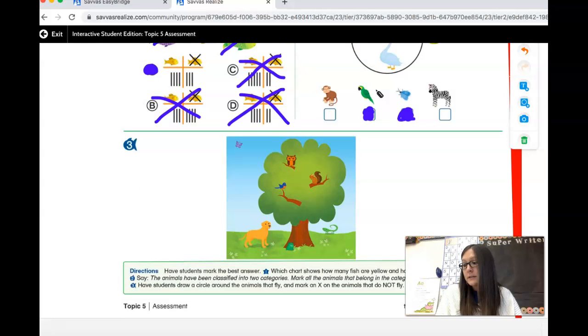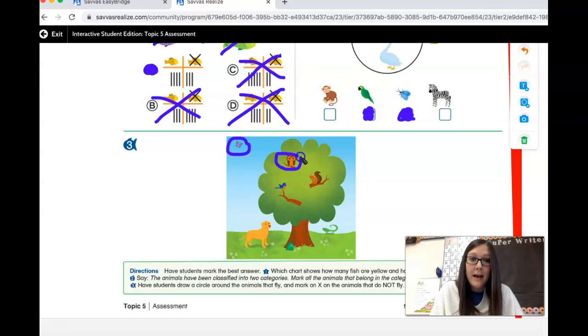All right, let's take a look at number 3, fish. I need you to draw a circle around animals that fly and put an X on animals that do not fly. You can pause the video and try it on your own and then check your work in a minute, or you can just do it along with me. Circle the animals that fly, X the animals that do not fly. Butterflies fly.